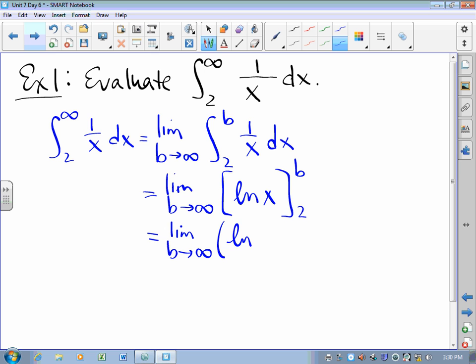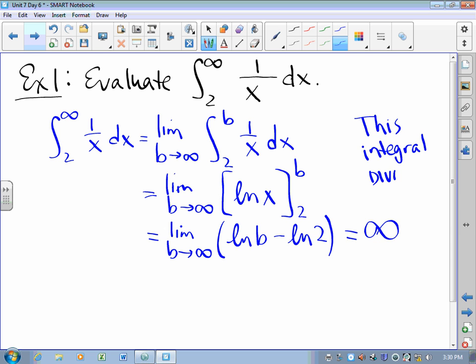I've got ln b minus ln 2. And the question is, what happens to that thing as b gets large? Well, ln b gets larger and larger and larger. ln 2 is a constant. This goes to infinity, which means that this integral diverges. It represents infinite area.